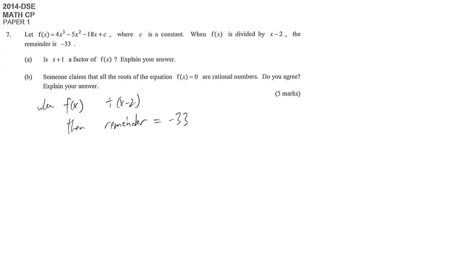And a very important thing is, by the remainder theorem, we can express the remainder as f of a suitable x. What is a suitable x? It is when the divisor becomes 0. So when x is equal to 2, the remainder is equal to negative 33, is what they want to tell you.